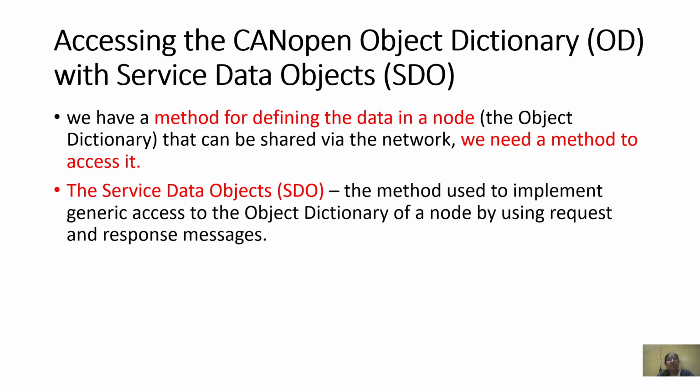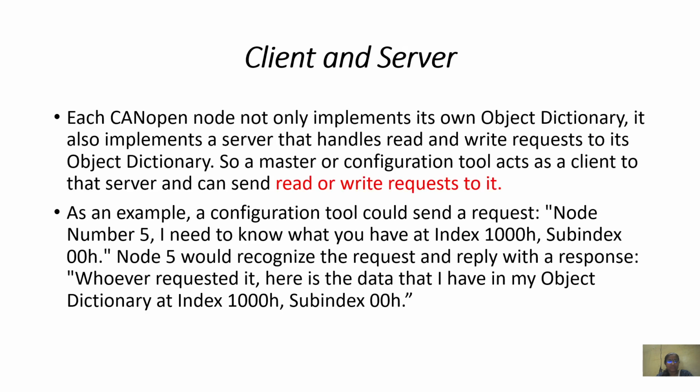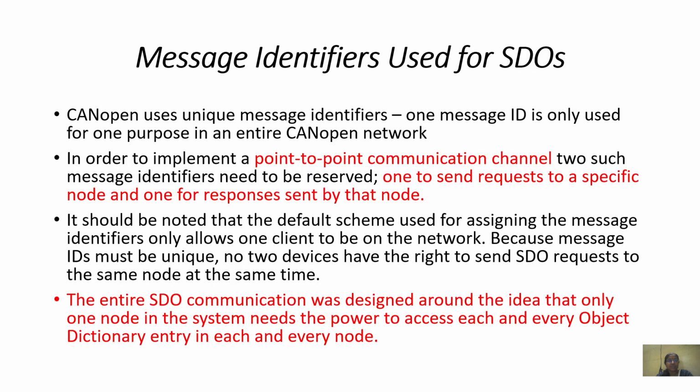So, how do we access the CANopen object dictionary? Using the service data objects, SDO. The SDO is the method used to implement generic access to the OD of a node by using request and response messages, in client and server mode.